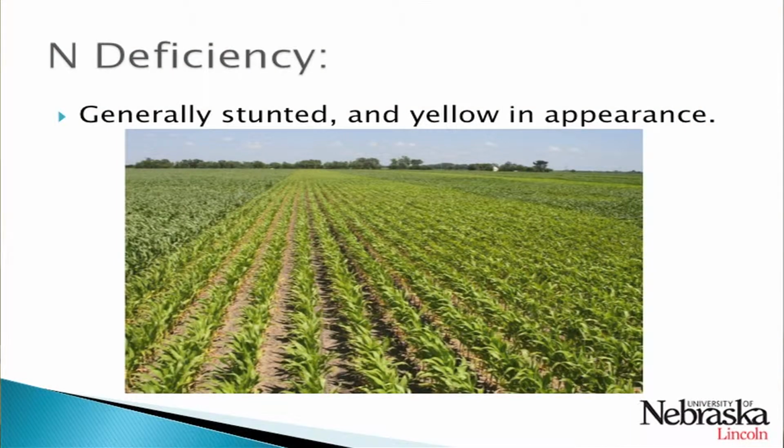This is from one of my research studies here 4 or 5 years ago now. One of our very generous cooperators, and I mentioned a lot of the research that I do is spatial in nature and looking at variability in fields.